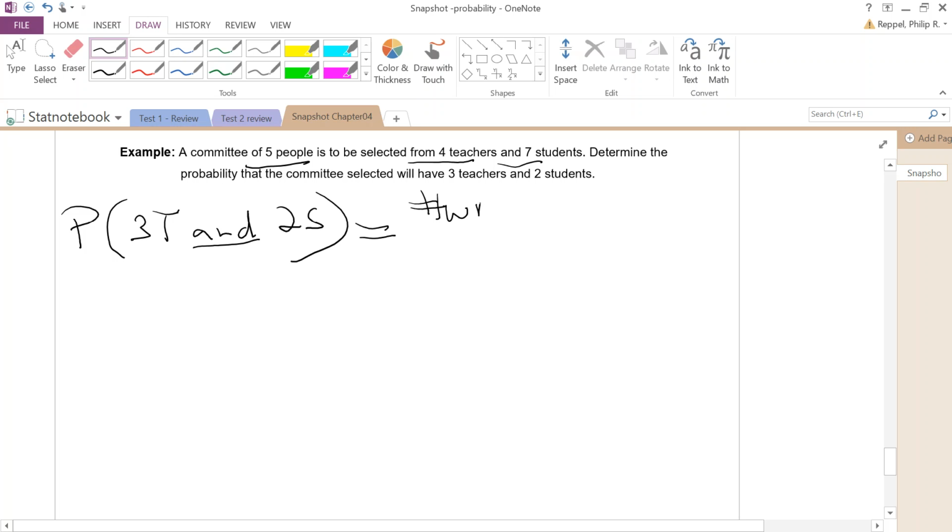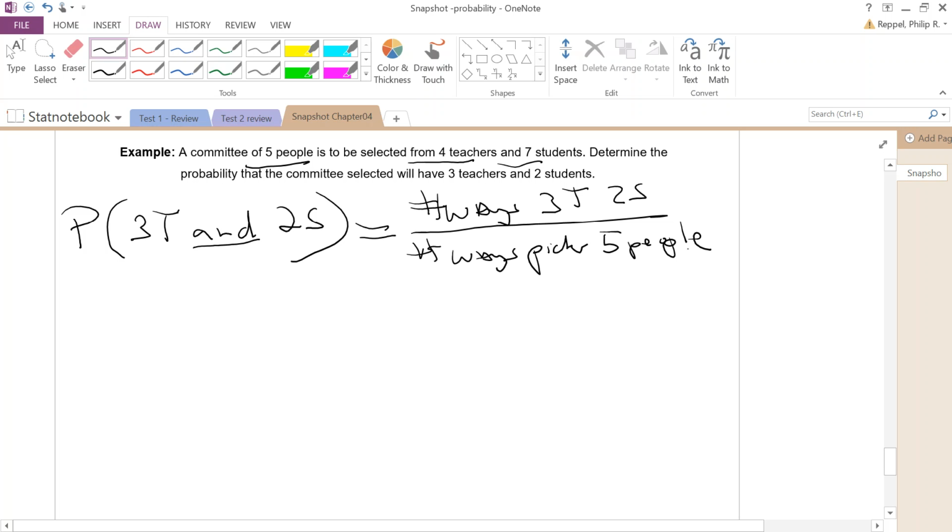How many ways can I get 3 teachers, 2 students, divided by how many ways to pick 5 people, right? Denominator is just in general. When I formed the committee, I didn't say I needed so many teachers and students, right?